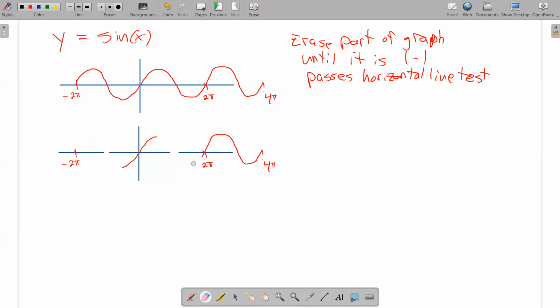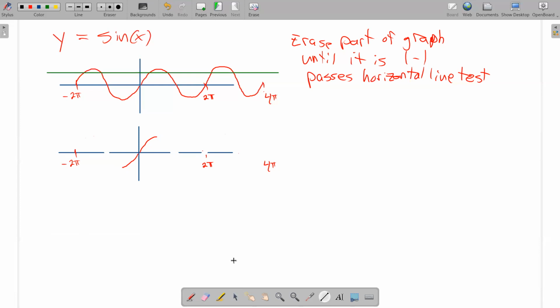Otherwise, if I try to keep any more of the graph, so again, for the inverse, I want to keep as much of the graph as I can, but I want to have it pass the horizontal line test. So let's put a horizontal line in here, green one, and let's start with it up here.